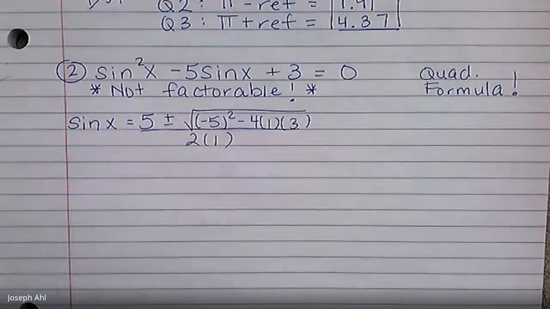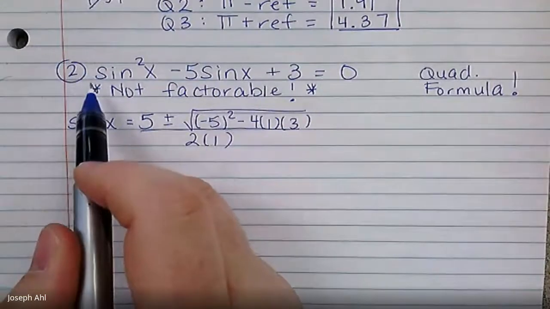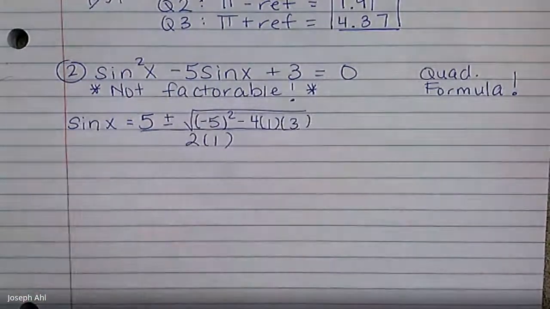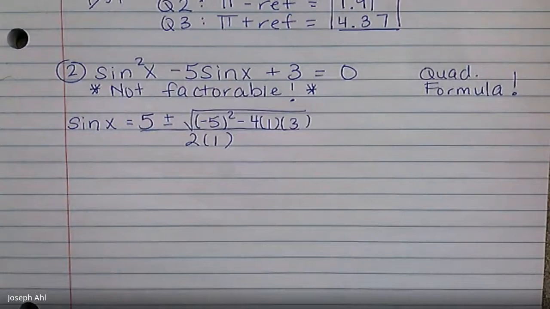The coefficients a, b, and c are in the same spots. A is the coefficient of the square term, b is -5, c is 3. But this is not what x equals. It is what sine of x equals, which is an important distinction to make.